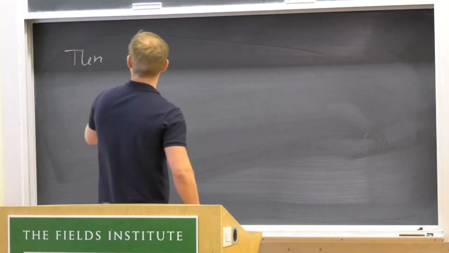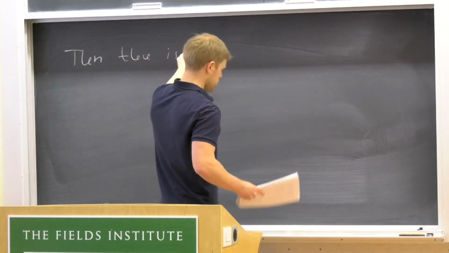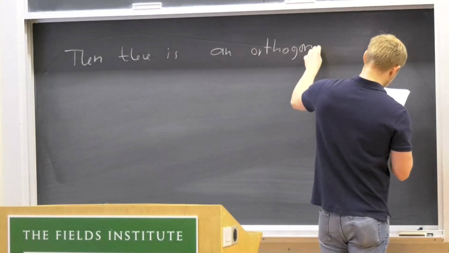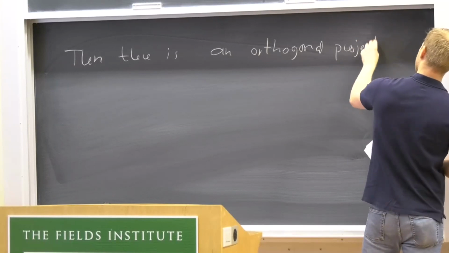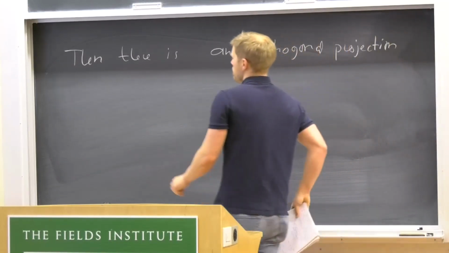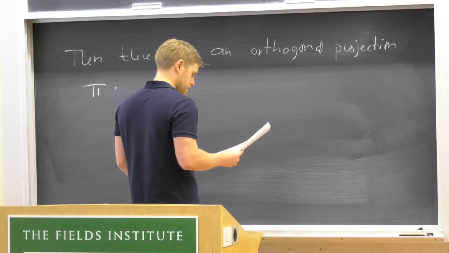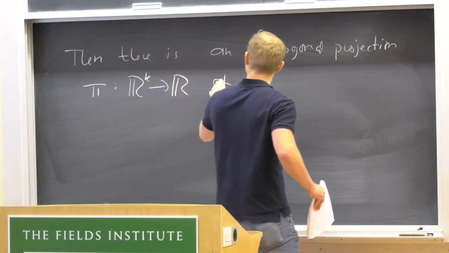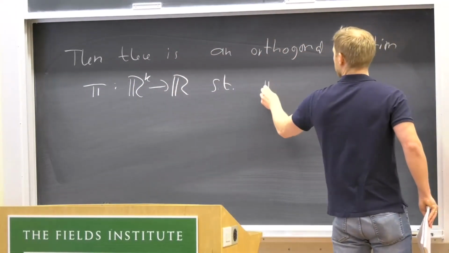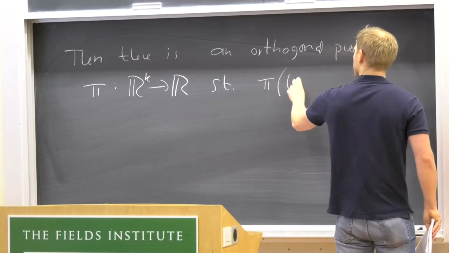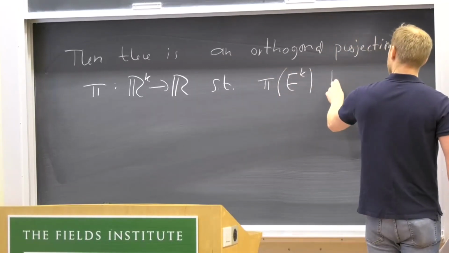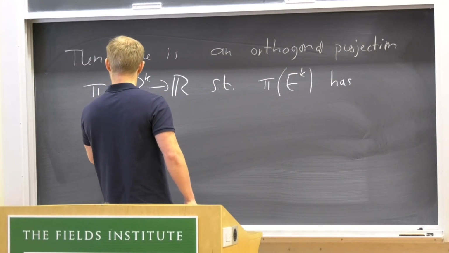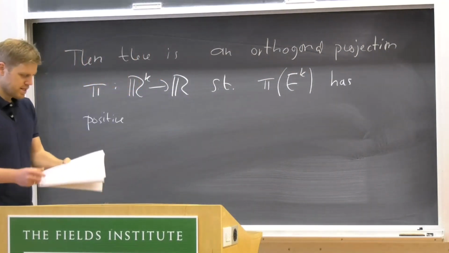As I said, there are many, but we really just want to have one. Then there is an orthogonal projection, not necessarily a coordinate projection, and this goes from R to the K to R, such that the image under this projection of E to the K has positive Lebesgue measure.